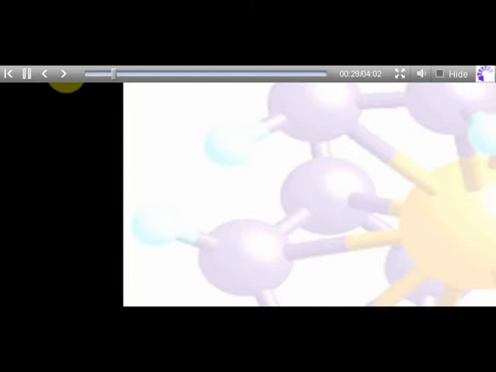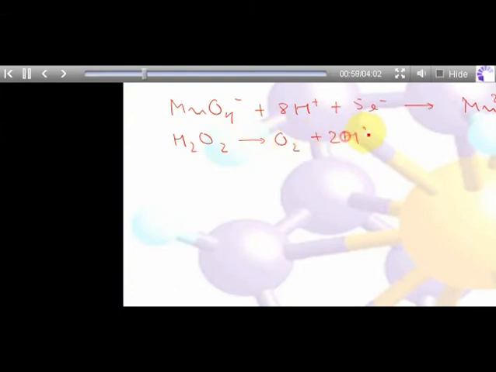Now the equation for potassium permanganate in acidic medium can be written as MnO4 minus plus 8H plus plus 5 electrons gives Mn2 plus plus 4H2O, and for hydrogen peroxide, H2O2 gives O2 plus 2H plus plus 2 electrons.